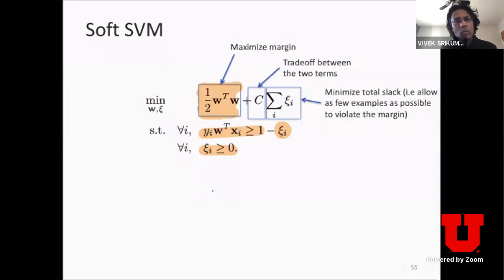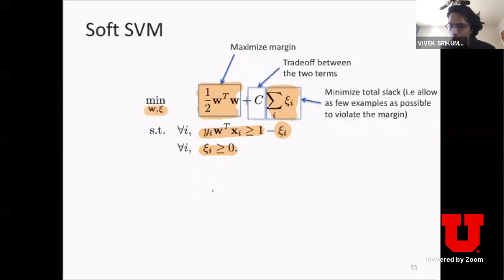But I don't want to give this luxury to all examples. I don't want to allow every example to just break the margin constraint. So I'm going to add this extra term here that controls the total amount of slack that's allowed. So this gives us a new optimization problem.